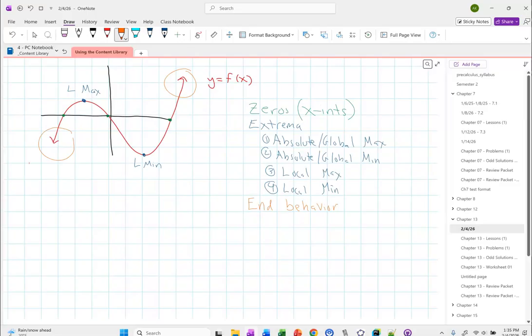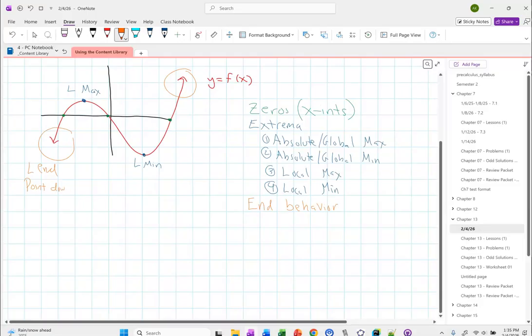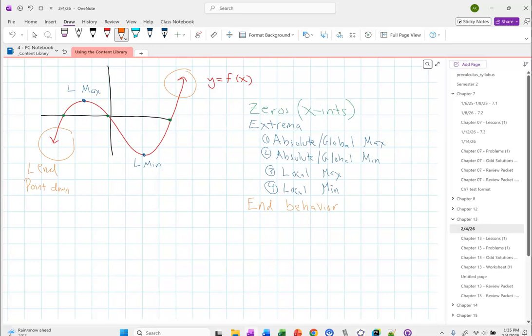So this is the left end, and it points down. Everybody agree with that? This one would be the right end of the graph, and this one points up.